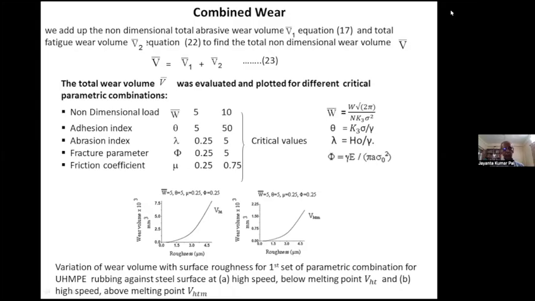Now, in both these plots, one thing is very clear: at low roughness, the total wear is very small.